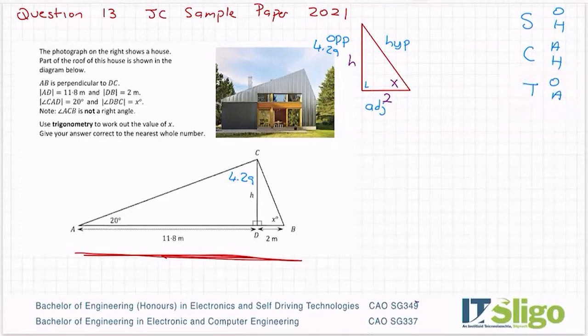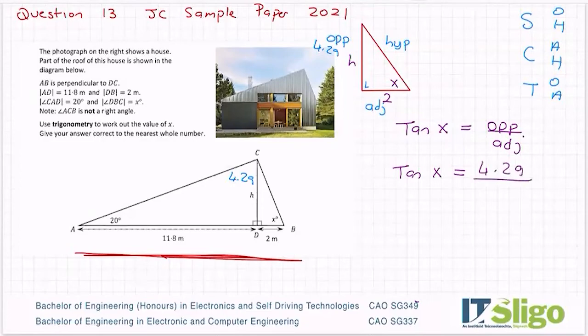So you can write down then the tan of the angle, and I don't know the angle in this one, is equal to opposite over adjacent, or tan of that angle x is equal to, what's your opposite? It's that 4.29 over your adjacent side, which is 2.